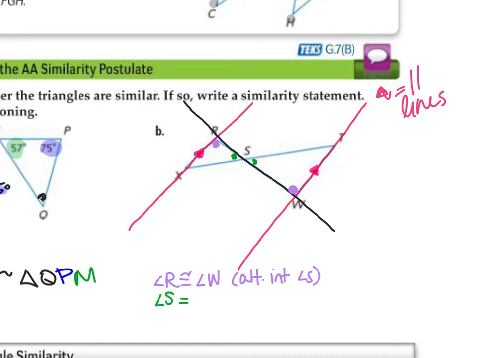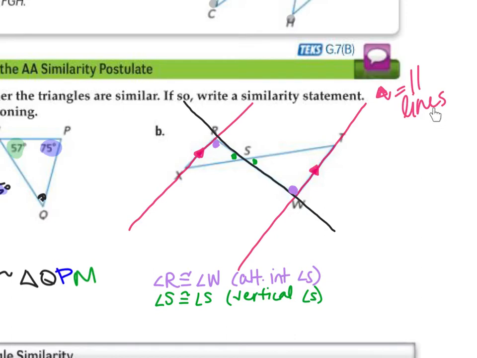So angle S is congruent to angle S, and those are vertical angles. Vertical angles are congruent. So now we have two triangles with two congruent angles, which means our two triangles are similar.